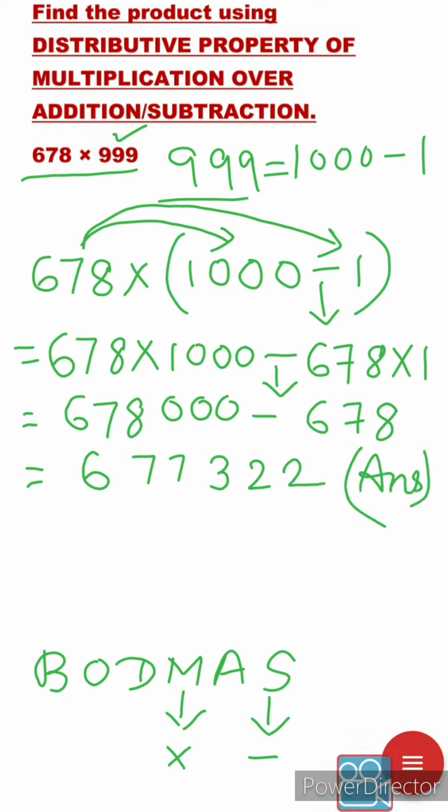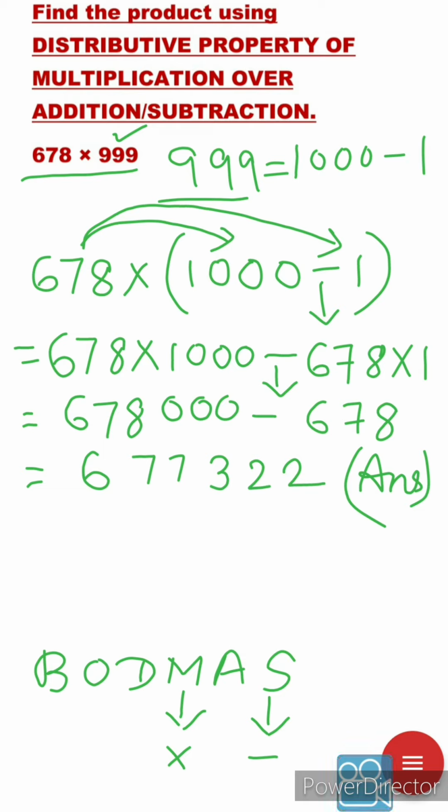So see, this answer came very easily within a very short span of time. So by using this distributive property of multiplication, we can solve large multiplications very easily, rather than the usual method of multiplication which we do.